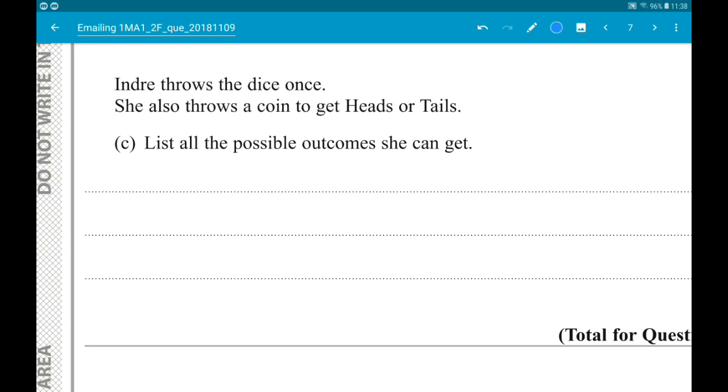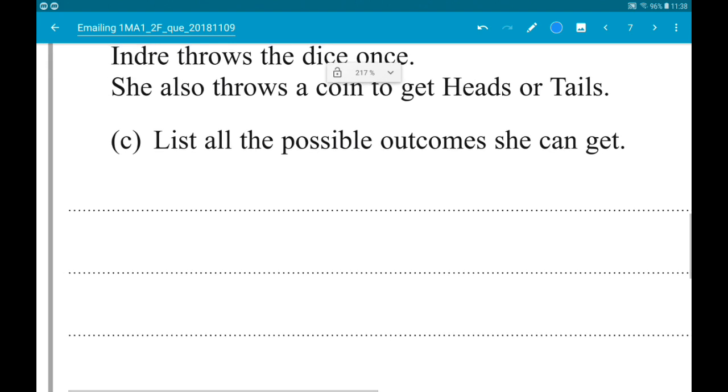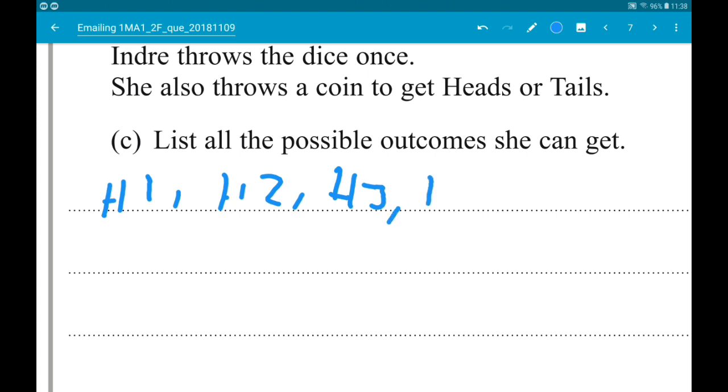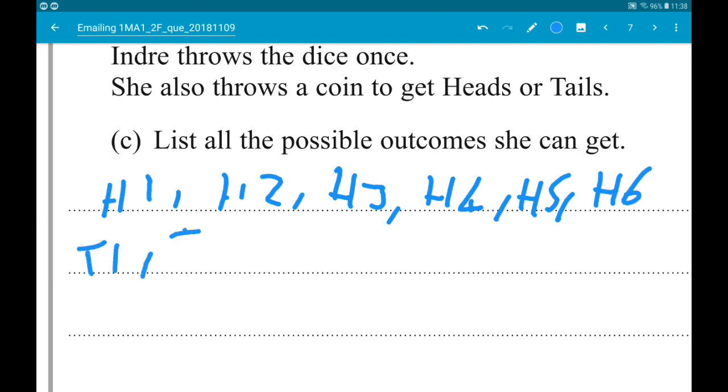Okay, so we could get a heads and 1, heads and 2, heads and 3, heads and 4, heads and 5, heads and 6, tails and 1. You get the idea.